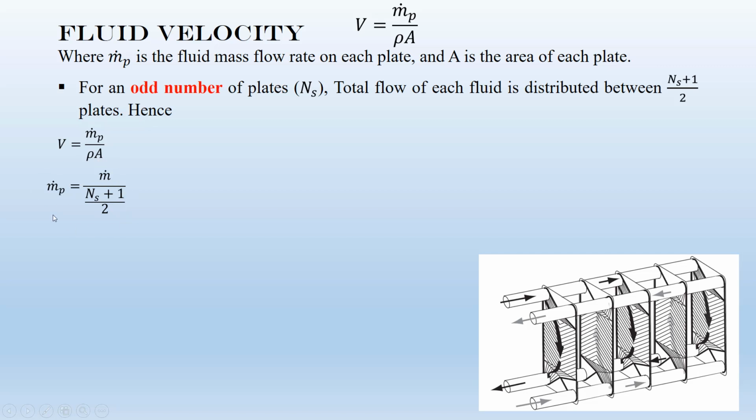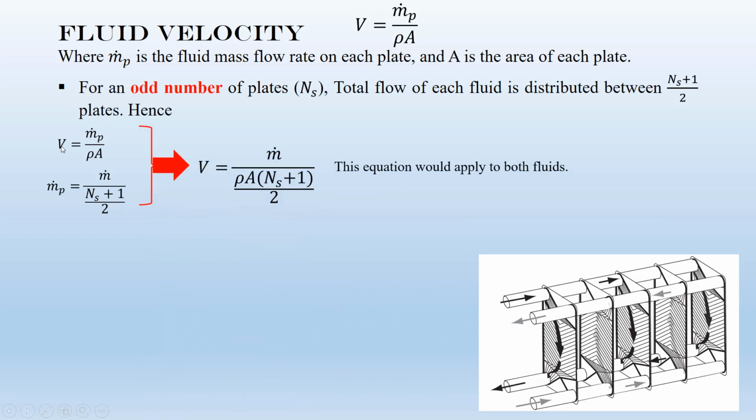This is the m dot over each plate. If you combine these two equations, you can find the velocity for each fluid. So the velocity for each fluid equals the m dot over rho A times (NS plus 1) over 2. And now you know the actual origin of this (NS plus 1) over 2.